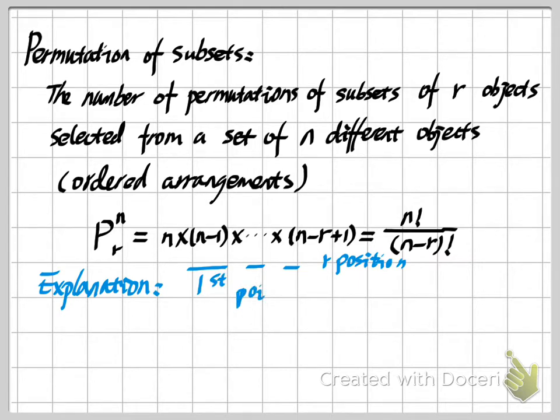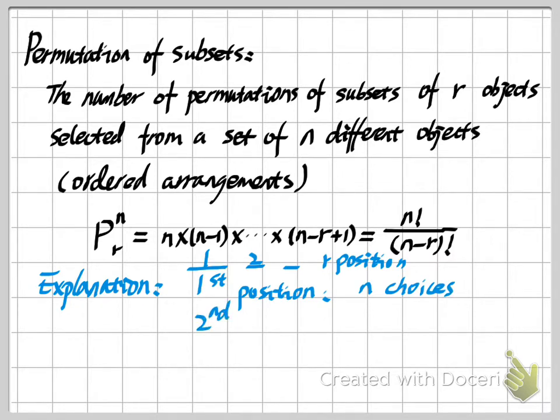How many choices do we have when we select the first one? Because in total we have n objects and we didn't select any of them, for the first position we will have in total n choices.